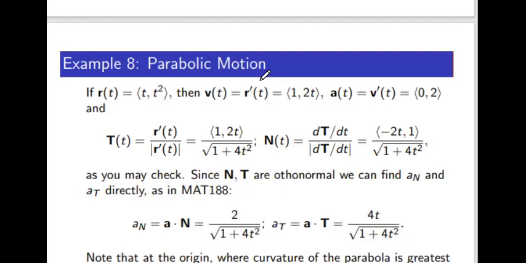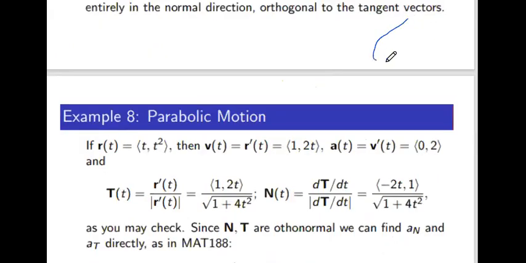Another example. This time our path is parabolic, right? So this is our path, like this. You are given the parametric equation. The path depends on only one variable, t.